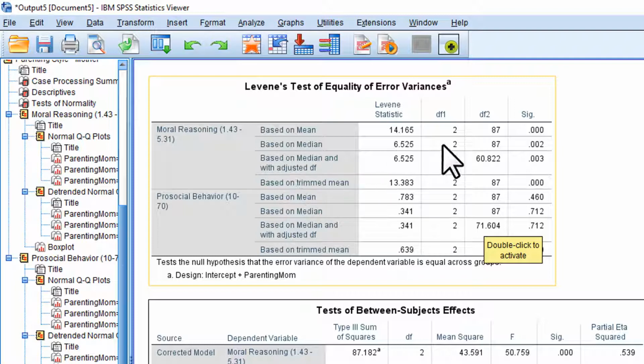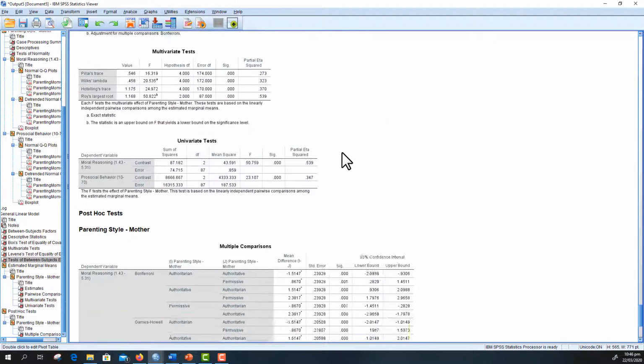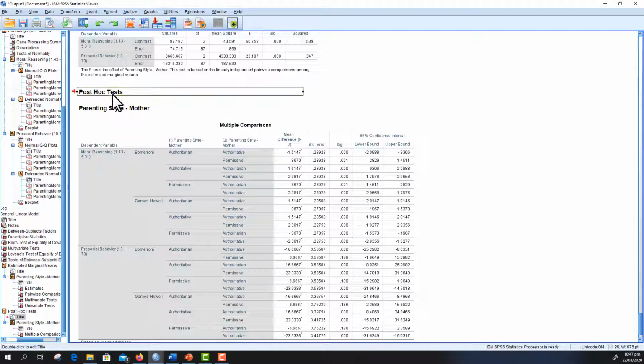So here, moral reasoning based on the Levene's test doesn't have homogeneous variances. Prosocial behavior has homogeneous variances. So that means that for moral reasoning, we need to use Games-Howell. For prosocial behavior, we can use Bonferroni. So look for the post hoc results here.